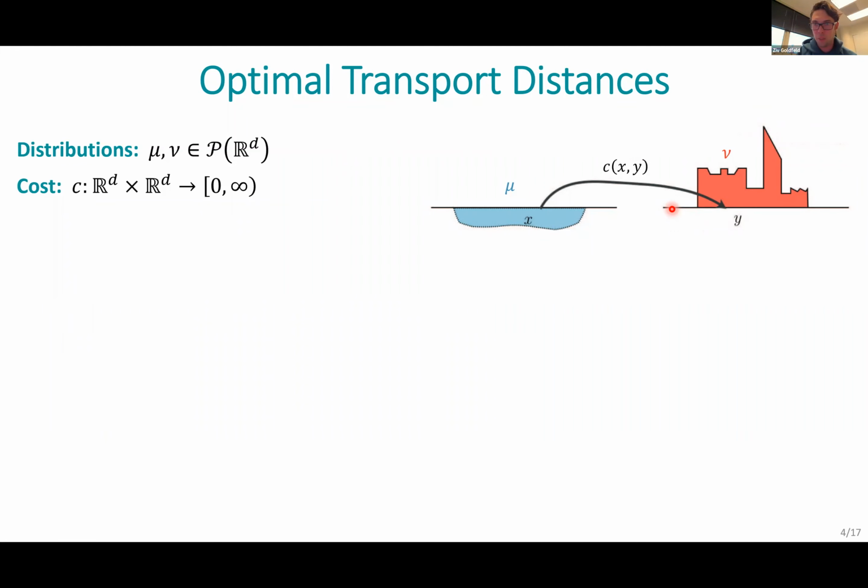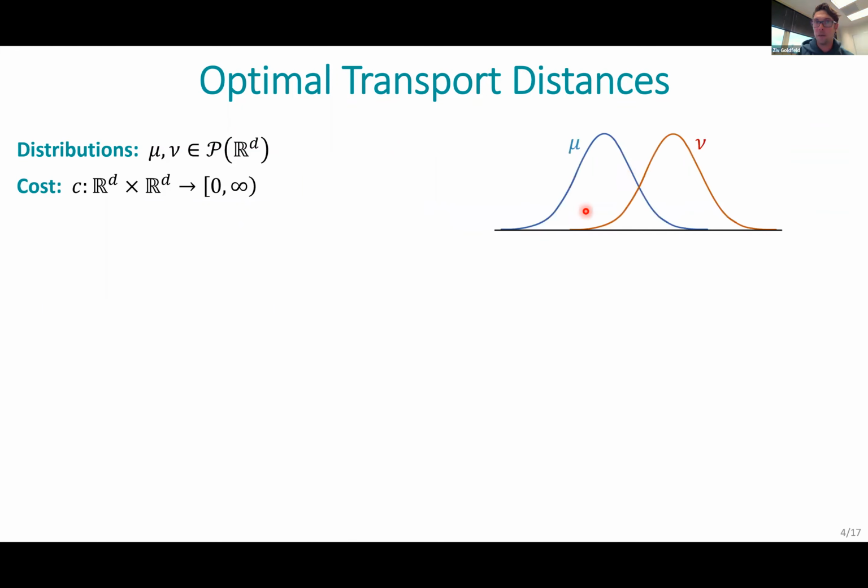To explain that, let me move to a slightly more schematic illustration. Given our two distributions, we want a function that would rearrange the mass of mu into that of nu. In this simple situation, obviously just a translation would do the trick. By the way, if you're not familiar with this notation, this is the so-called push forward measure, which just represents the distribution of a function of a random variable.